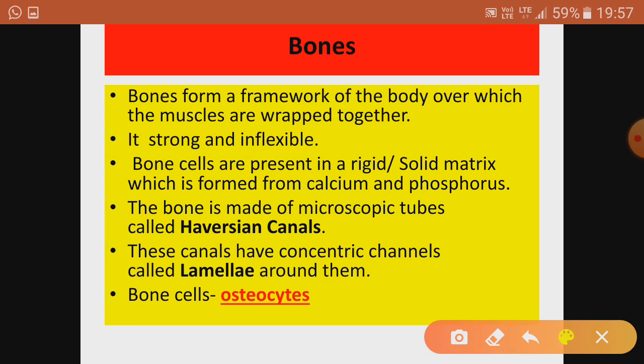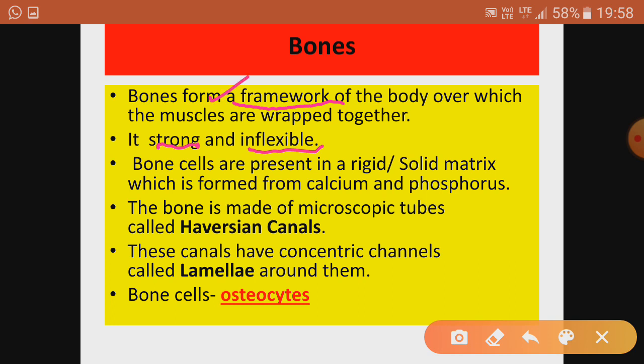So it is strong, and bones form the framework or basically the endoskeleton. Bones and cartilage form the endoskeleton and they provide support and framework to the body.